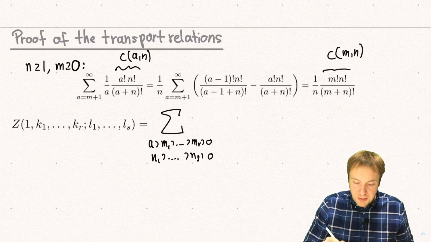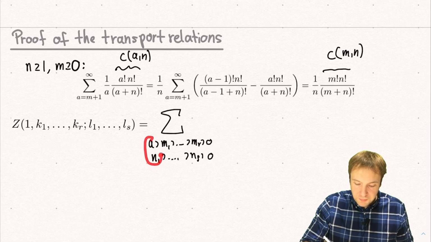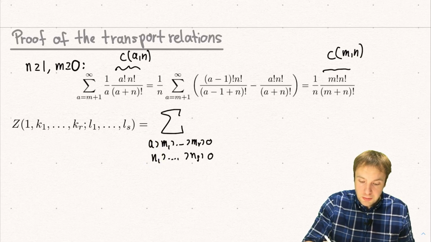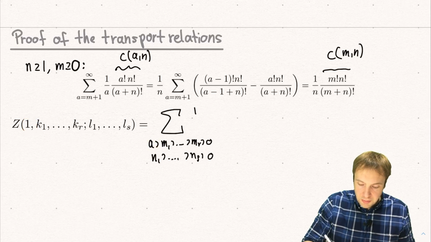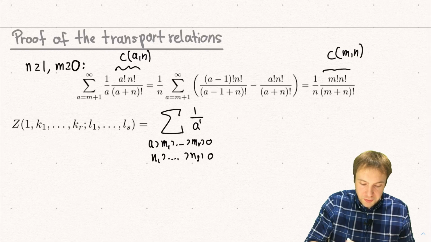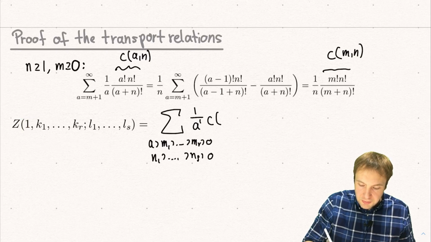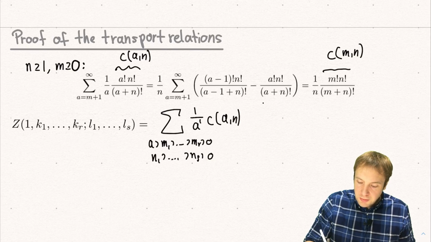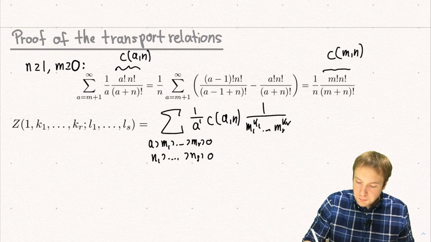And here at the beginning I have the connector of a and n1, and I have 1 over a, because 1 over a corresponds to this 1 here, so it's 1 over a to the power 1, and the connector C_{a,n}, and then 1 over m1 k1 up to mr kr, 1 over n1 l1 up to ns ls.